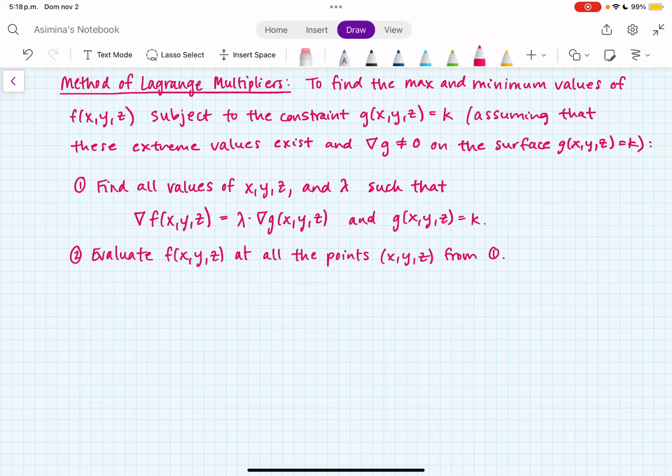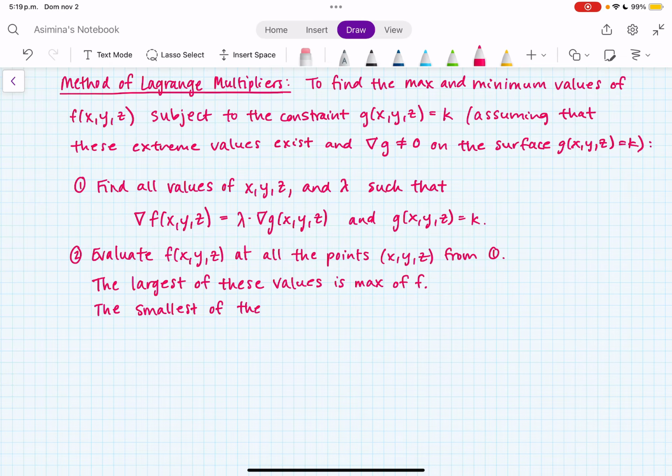And once we evaluate them, we'll have certain values. The largest of these values is going to be the maximum of f, and the smallest of these values is the minimum of f.